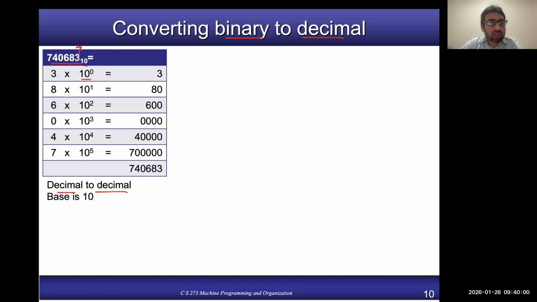You multiply 3 with 10 raised to power 0. You multiply the next digit on the left with increasing power of 10, which becomes 10 raised to power 1, 6 with 10 raised to power 2, 0 with 10 raised to power 3, and so on, right? Then you get all the products, and then you get the sum of all the products. When you sum them, you get this number, which is the same as the original number, right?